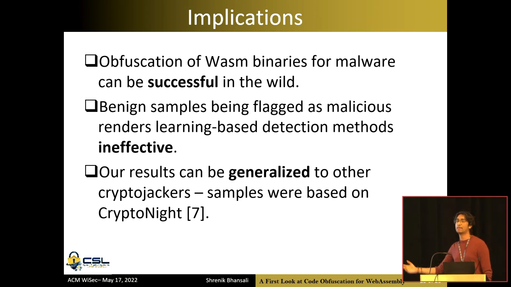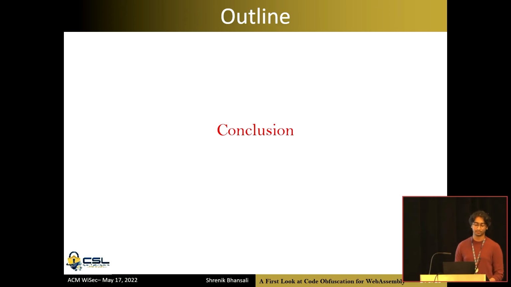But we can also conclude that there are other forms of static analysis that, the same way, because we're changing what the binaries look like, will end up also being ineffective. Our results can be generalized to other cryptojackers, which I already mentioned. Kryptonite is the basis for the majority of cryptojackers found in the wild, and the 2 cryptojackers that we used were also built on Kryptonite.